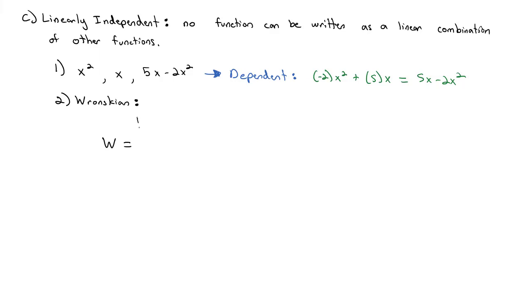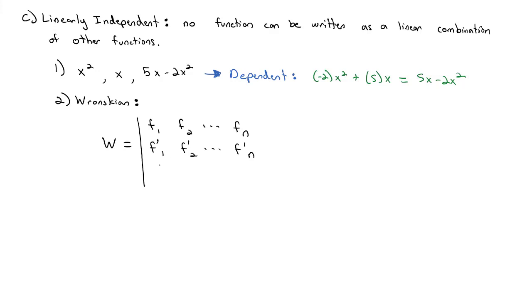But the idea of the Wronskian is it's the determinant of the functions f1, f2, all the way down to however many functions we have. We'll say fn. That's the first row. The second row is the first derivative of each of those functions.